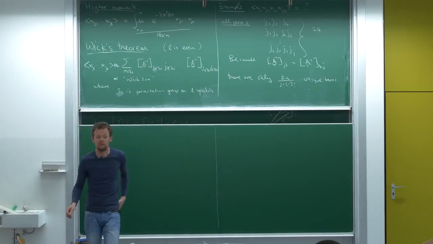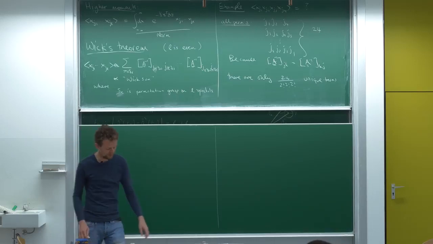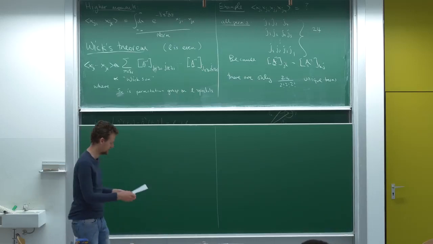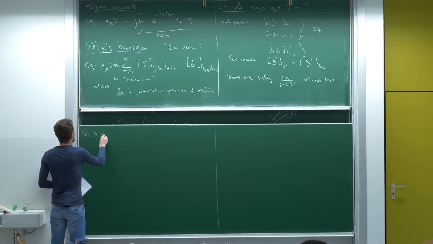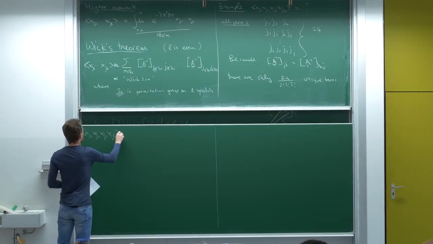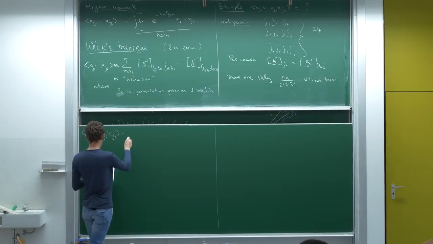Work out these unique terms, see what they look like. We have 3 to worry about. 24 divided by 8 is 3. And here they are.